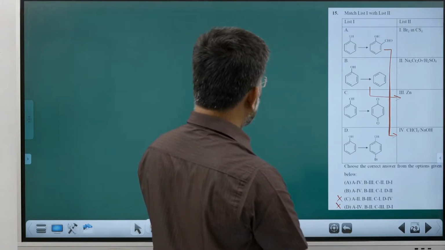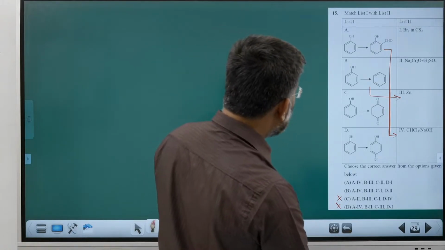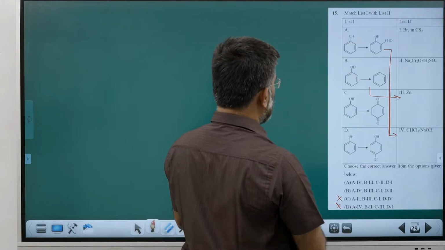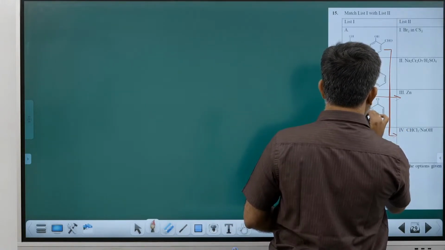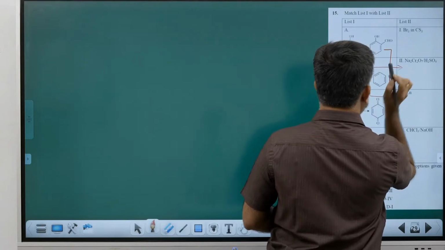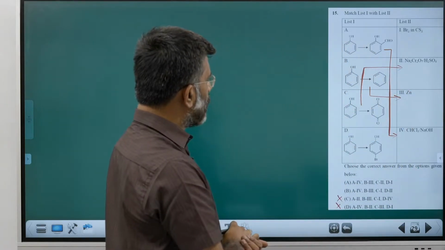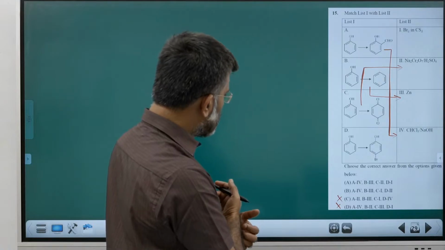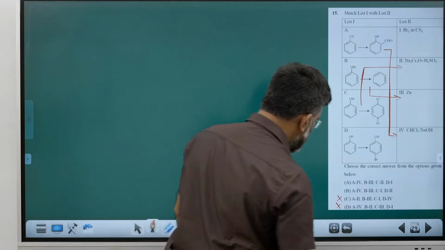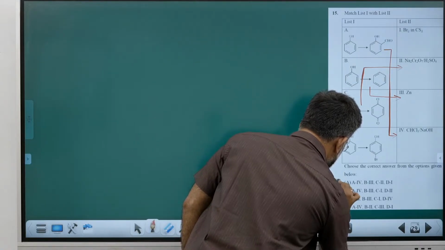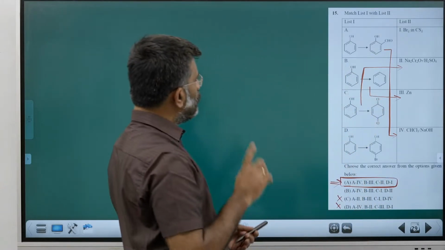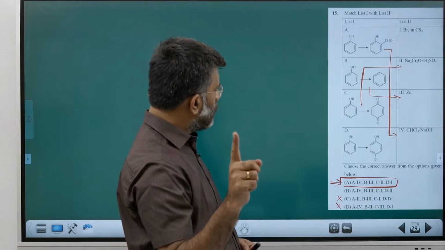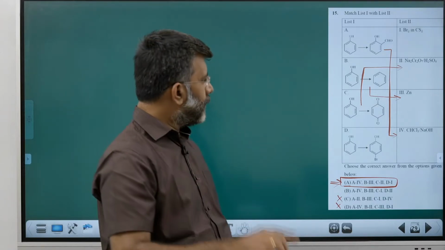And now the next one, phenol giving benzoquinone. That is also a reaction referred to in the textbook. This will be sodium dichromate and sulfuric acid, that is C with 2. So we are confirming our answer, option A. First one, Reimer-Tiemann reaction, chloroform and alkali.